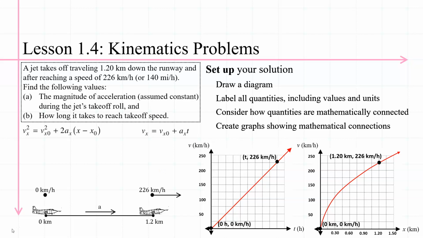I also want to point out that this is one of the types of problems that we encounter in physics. This is an idealized problem from a textbook. In idealized problems, we're usually given 2 points for which we know all of the information, and we're asked to assume all of the rest of the motion from those 2 points. Keep in mind, this is very different from data that we collect in experimentation ourselves, where we have a whole set of points, and then we graph those points to try to find a relationship between all of them.